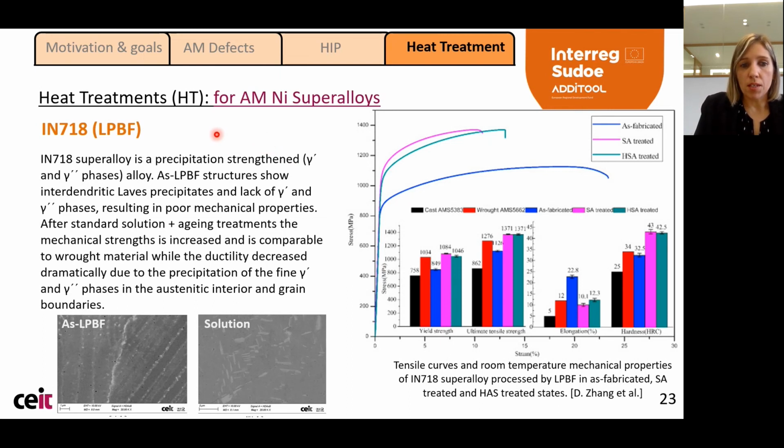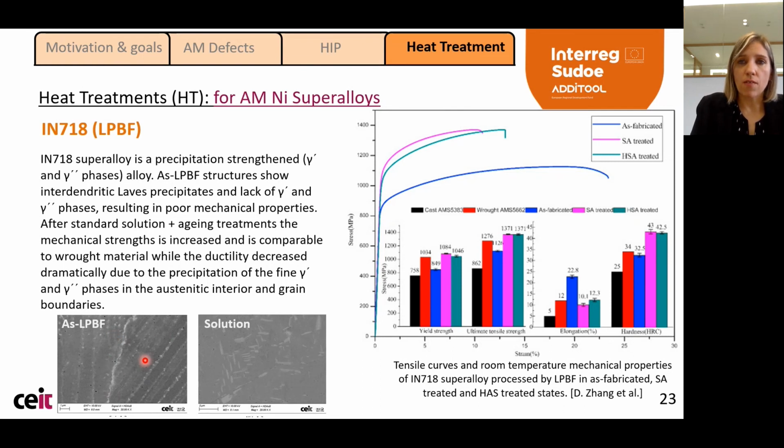However, when we manufacture it by LPBF, because of the rapid cooling of this process, we are going to find this dendritic microstructure, which is full of Laves phases, which are detrimental intermetallic phases, which are brittle.